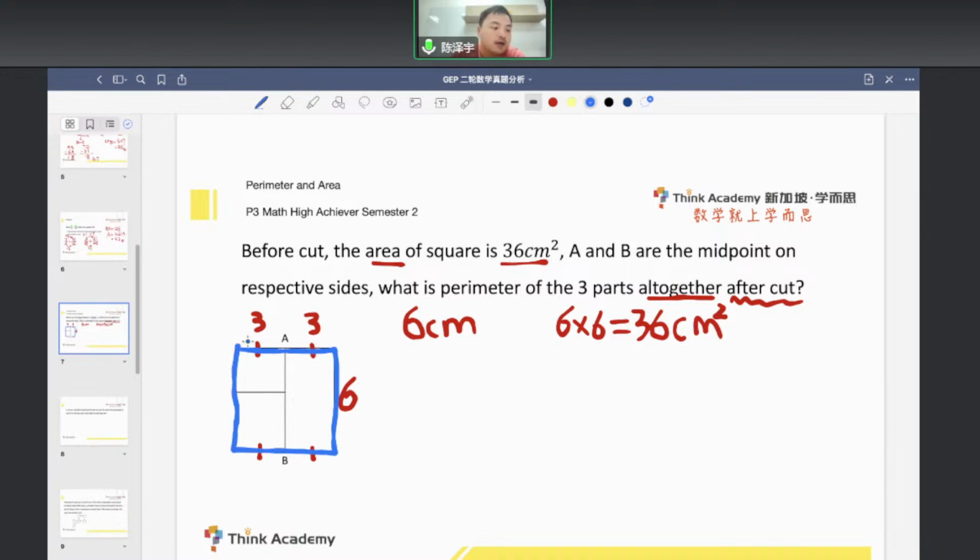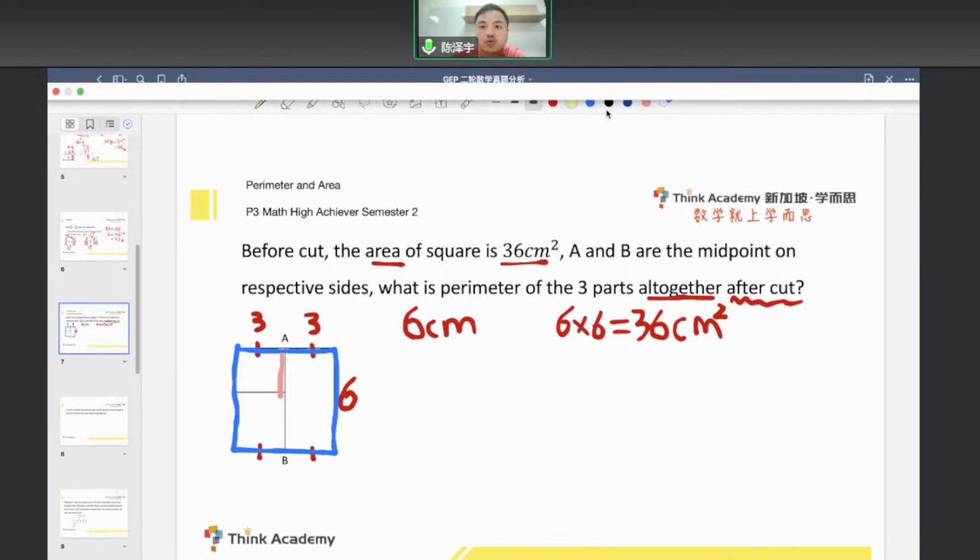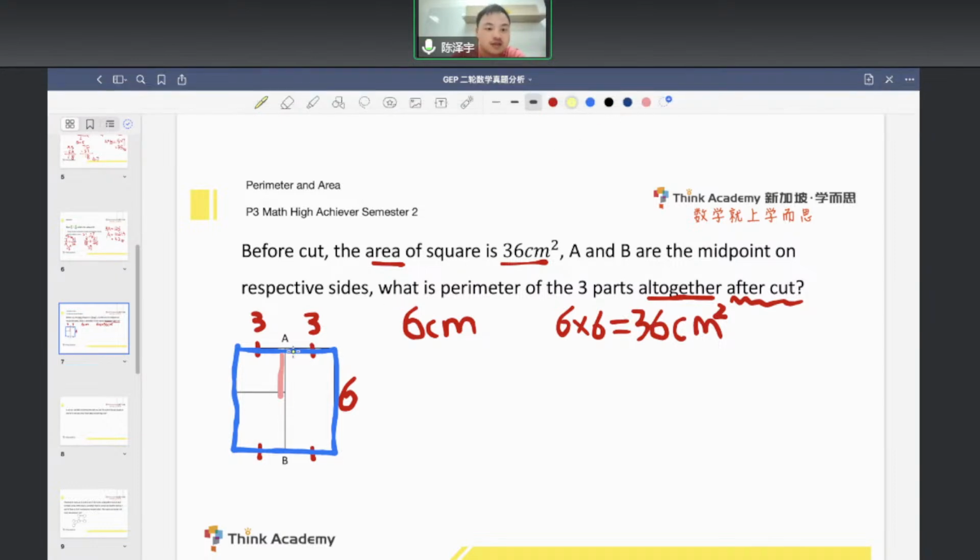After the cut, this blue line is still there. Then this pink line, let me use another color, will split into two lines.